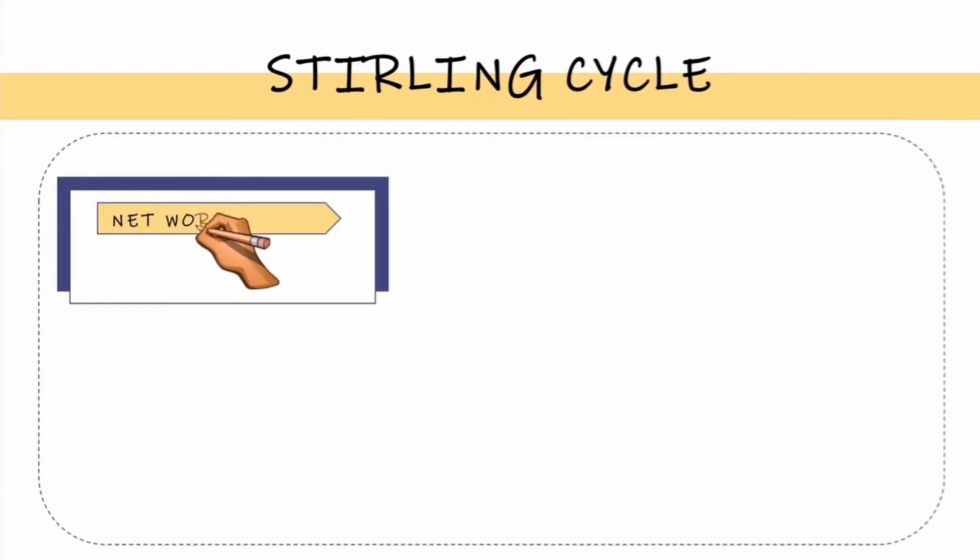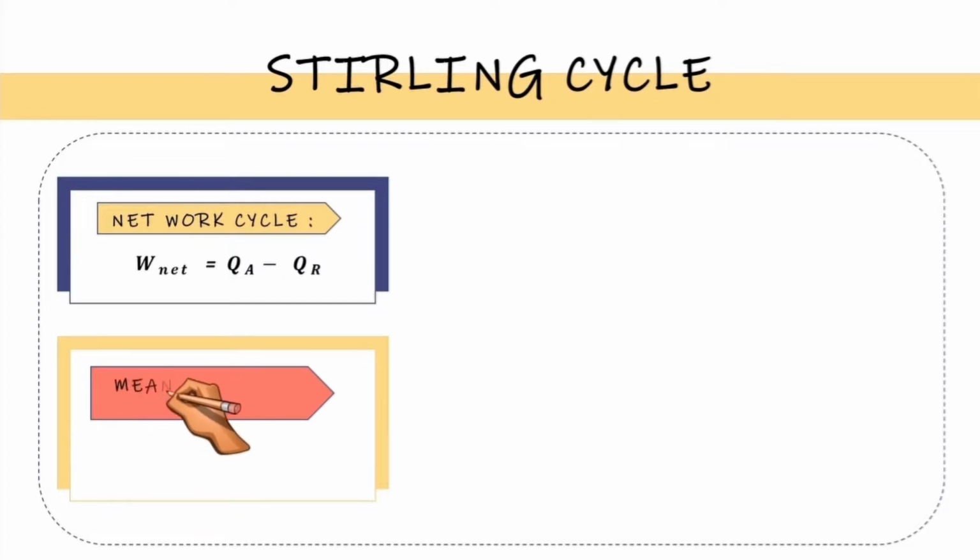For the cycle performances of the Stirling cycle, the first one is the net work of the cycle. Net work of the cycle is equal to the heat added diminished by the heat rejected. So, W net equals QA minus QR. Next is the mean effective pressure.